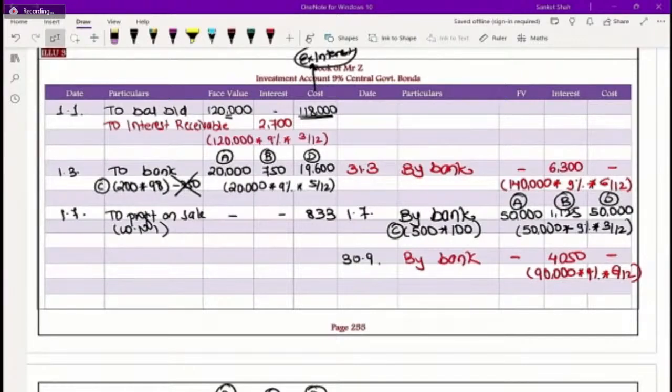Yes, A, B, C, D sequence you have to follow and you will get the answer. Are you getting this?